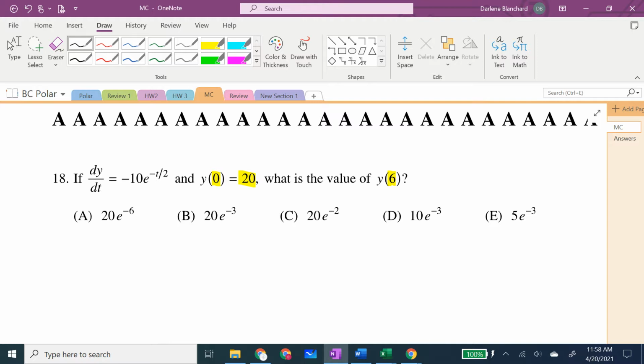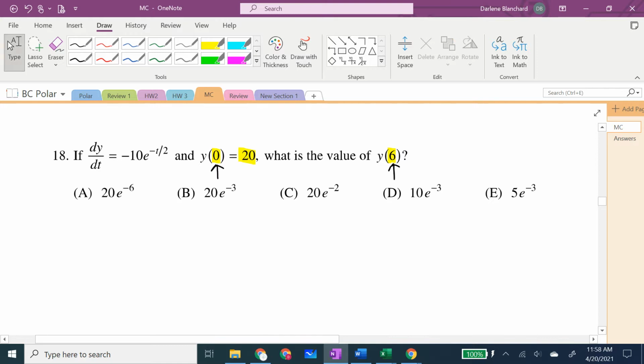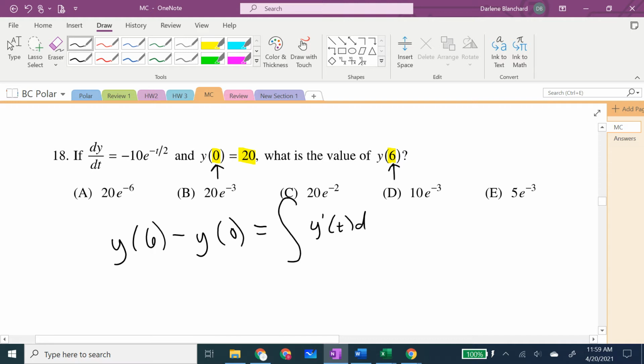So you have a couple of ways you can deal with this. I'm going to show you a particular way. I need to know y of 6 when I have y of 0. Now, y of 6 minus y of 0 happens to be the solution to integrating y prime from 0 to 6.